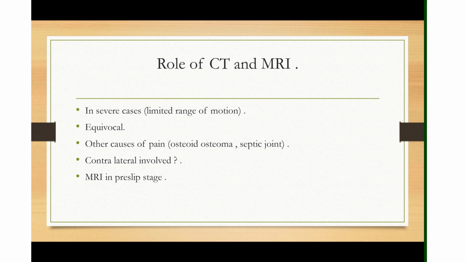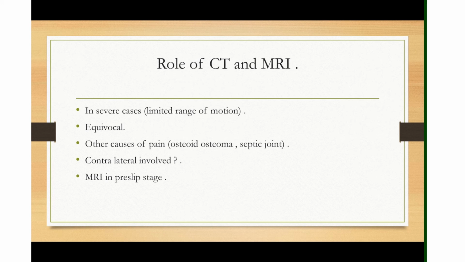So in short, you have to think of the possibility of epiphyseal slippage on the opposite side, and some orthopedicians go for a proactive measure in such cases, like prophylactic surgical pinning.